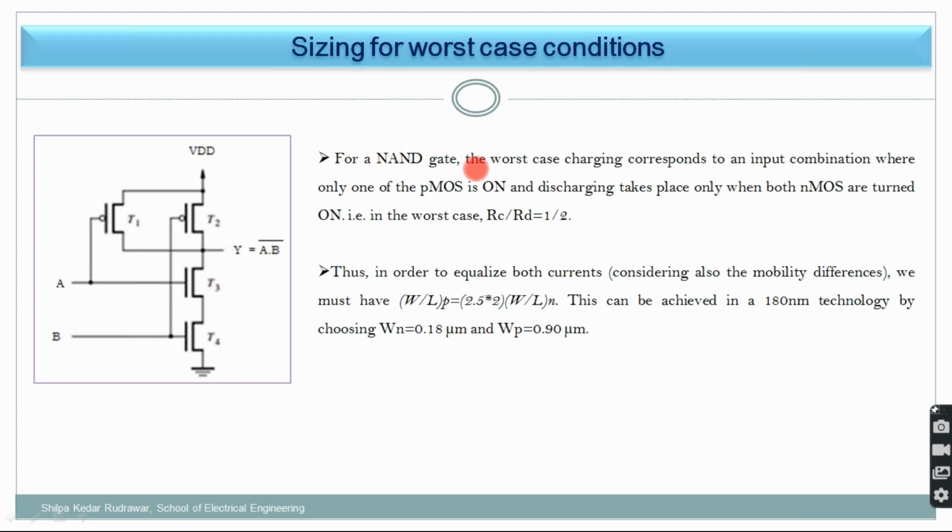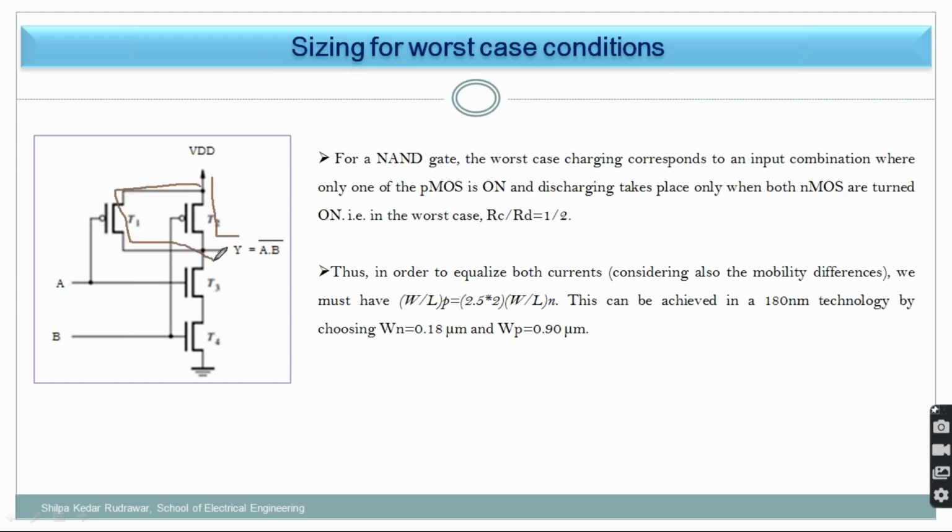So here for the NAND gate, the worst case charging corresponds to... now what is meant by worst case? It means how many transistors you need to turn on for charging and discharging of the capacitor. Now just think, because there are 2 paths available, through transistor T2 you can connect VDD to the output, and through transistor T1 you can also connect VDD to the output. So the first path is this, and the second path is like this.